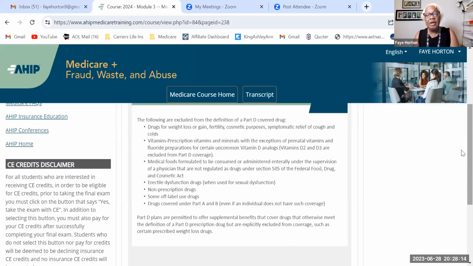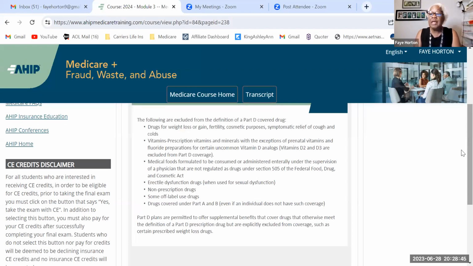Vitamin D2 and D3 are excluded from Part D coverage. Medical foods formulated to be consumed or administered internally under the supervision of a physician that are not regulated as drugs under Section 505 of the Federal Food, Drug, and Cosmetic Act. Erectile dysfunction drugs when used for sexual dysfunction.